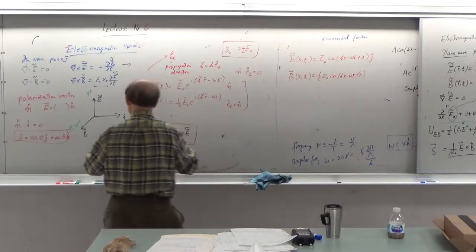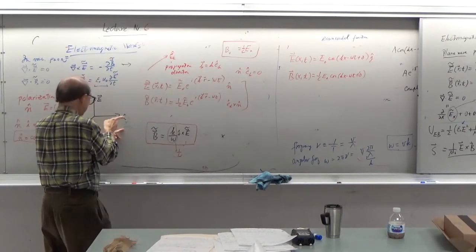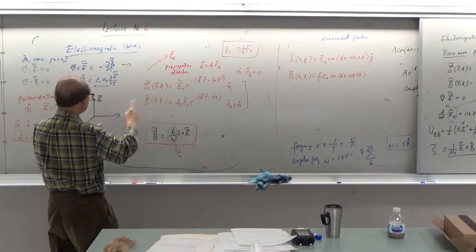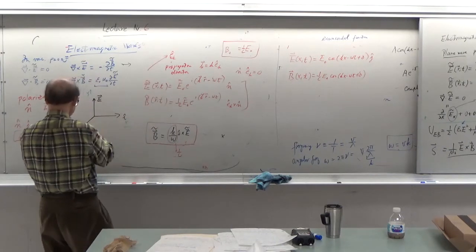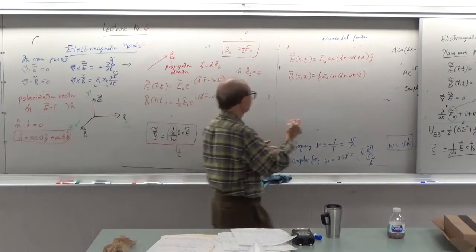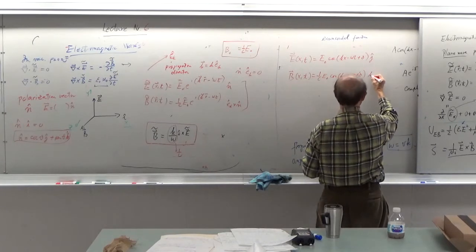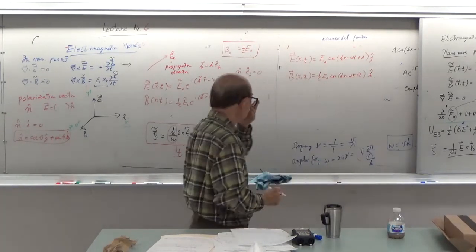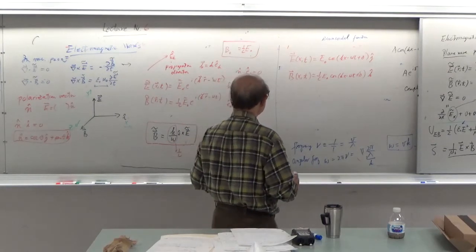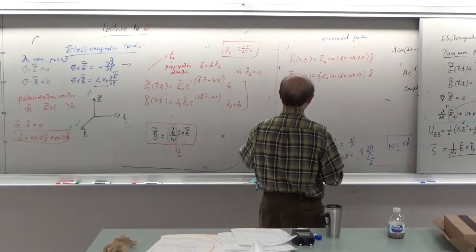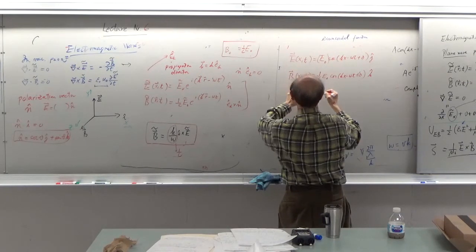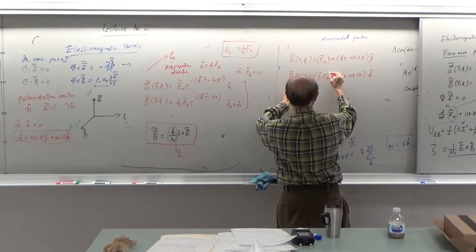It is perpendicular to the direction of propagation and the direction of E. E is along the y direction, j direction, so this must be along the k direction. Let's do that. Okay. So the amplitude for the electric field E is this. The amplitude for B is given by that.